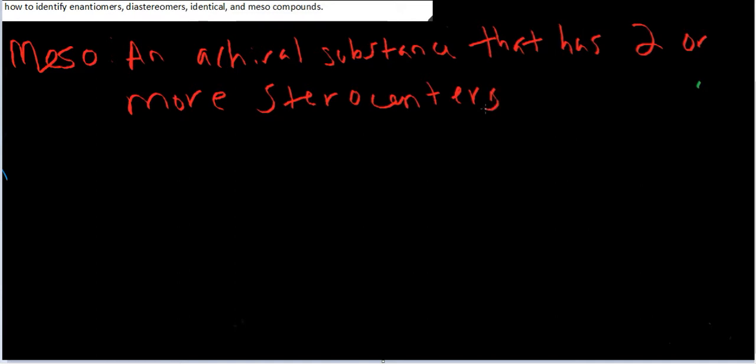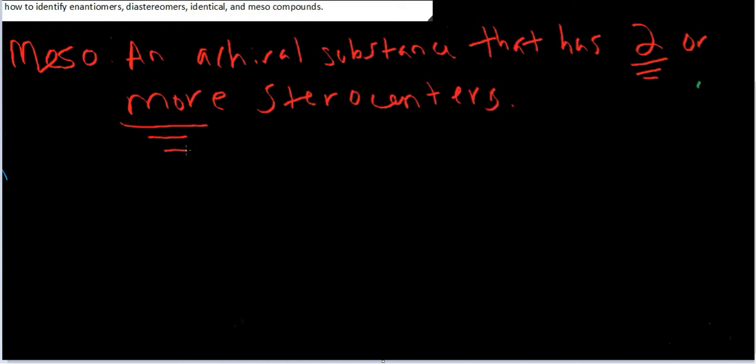So try to remember that, and remember the big point you want to take away is it has 2 or more stereocenters. So if it doesn't have 2 or more stereocenters, you could quickly neglect the fact that it's a meso compound. All right, so try to remember that.